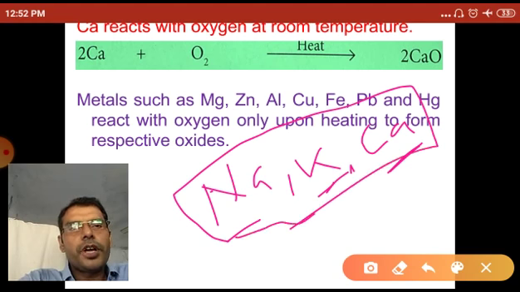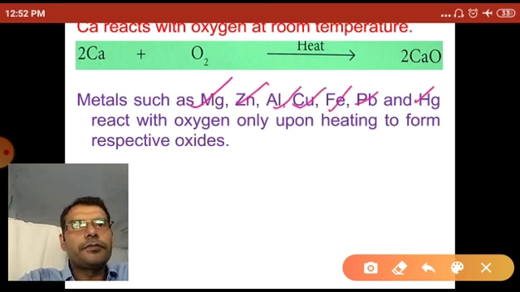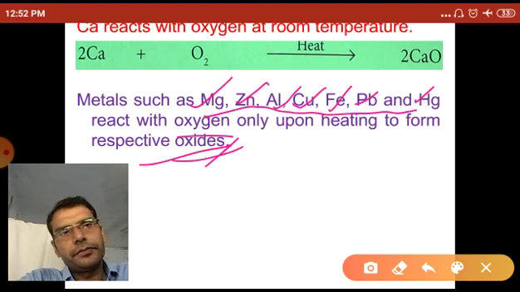So the basic oxide is generally obtained from the less reactive metals, as for example magnesium, zinc, aluminum, copper, iron, lead, mercury. These metals, when they react with oxygen upon heating, form their respective oxides, and those oxides are stable oxides.